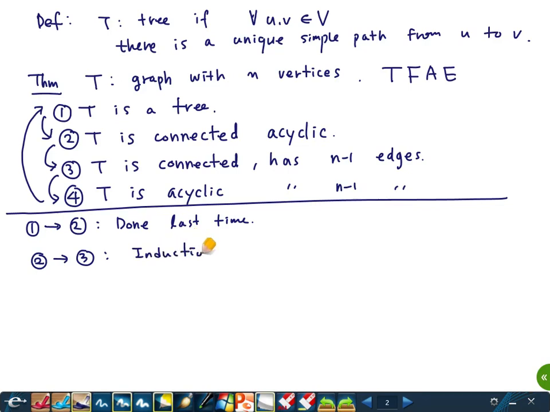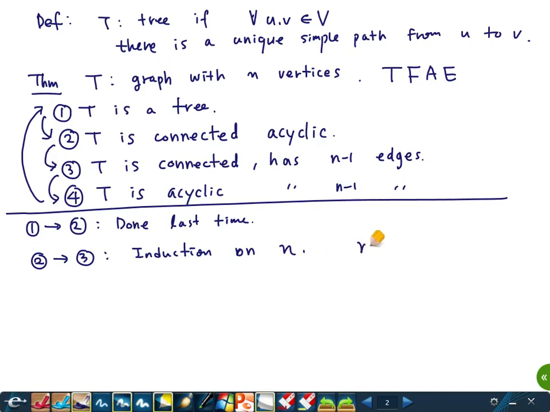If you show some property of a tree, induction is quite useful because a tree has a very simple recursive structure. A tree is obtained by adding one leaf, a vertex of degree 1, to a tree with one fewer vertex.